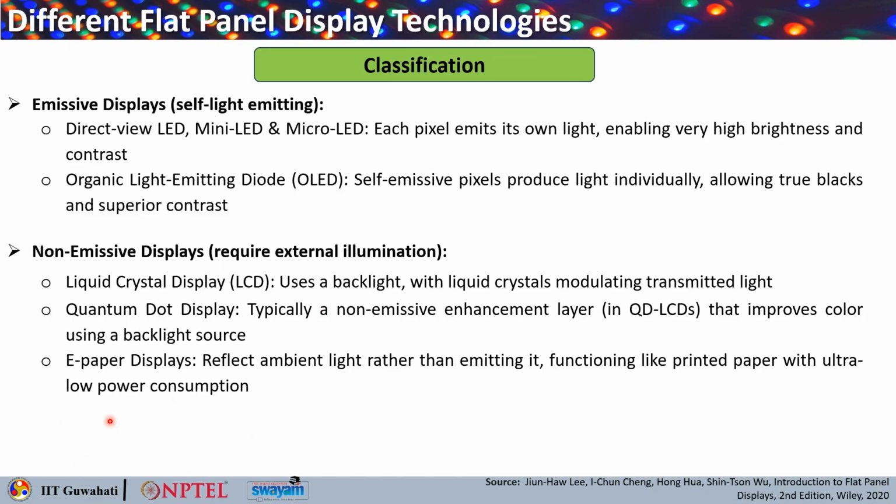And then you have e-paper display, that also falls in the bucket of non-emissive displays. This e-paper display also works on reflecting the ambient light rather than emitting light on its own. So, it basically functions like a printed paper with ultra low power consumption. So, my question is, why are we studying this and why is it going to be very important in the next 5 or 10 years?